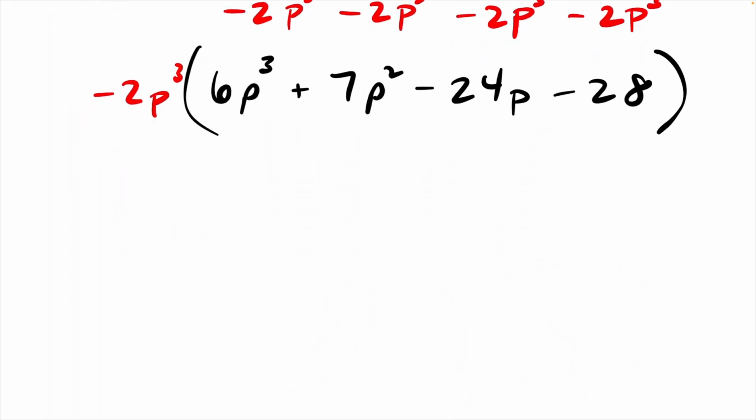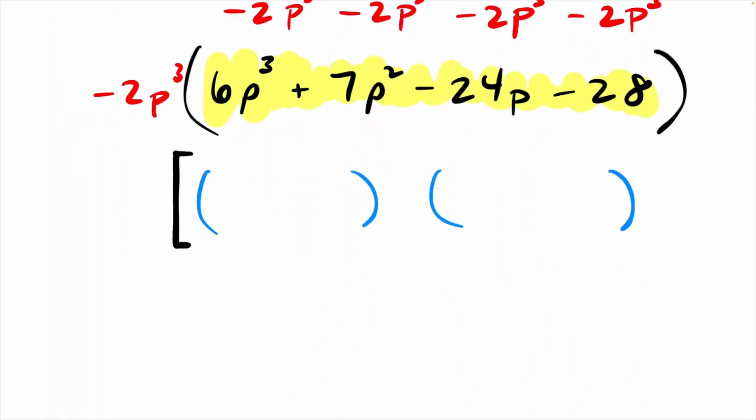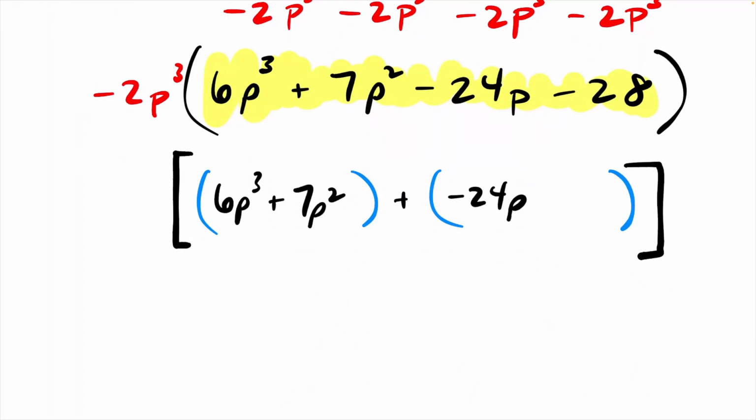Okay. Now in here, I got to divide them into 2 groups, just like I did the last 2. So the first group is here, the second group is here. 6p^3 plus 7p^2, negative 24p minus 28.